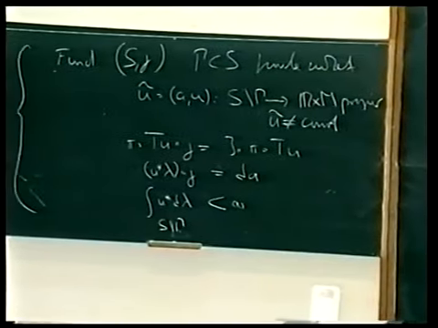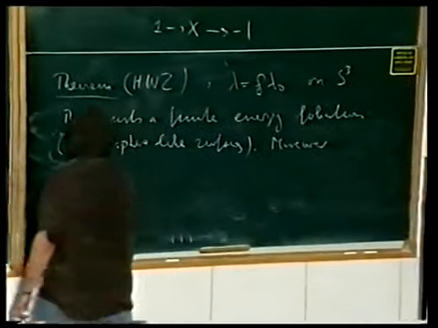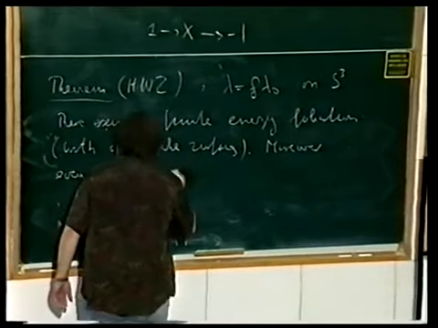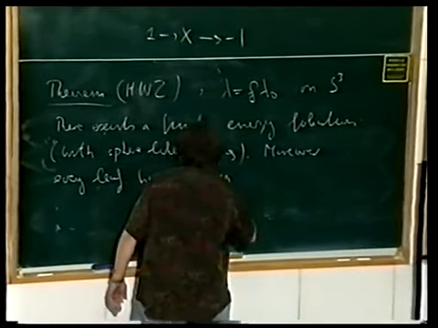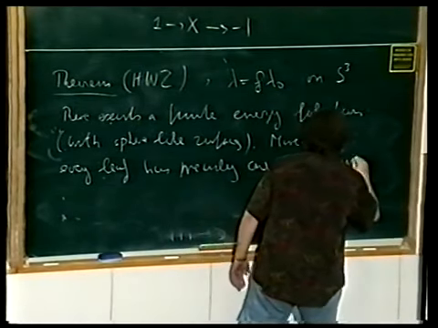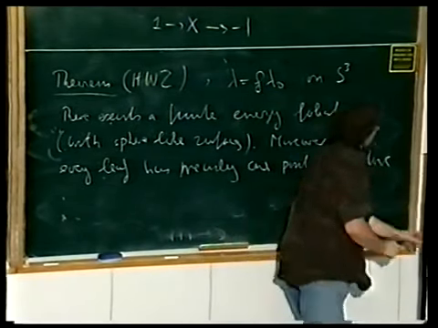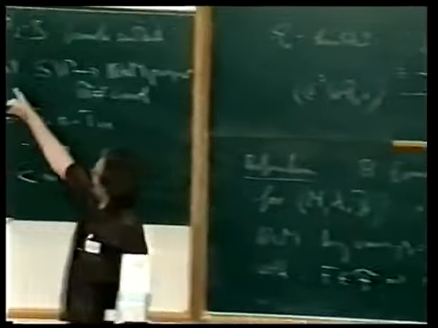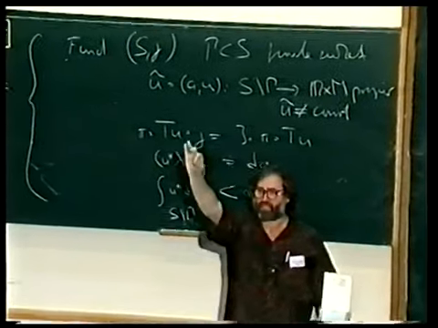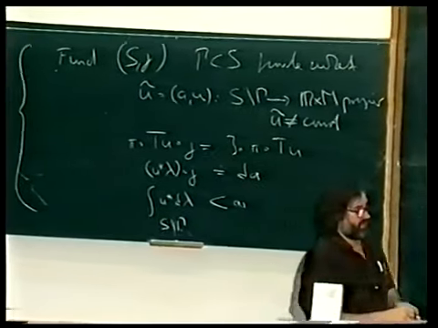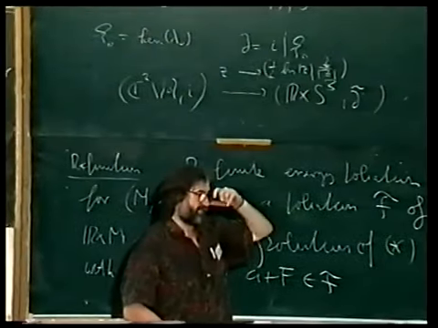Moreover, a leaf has precisely one positive puncture. Here, of course, by the properness assumption, if I'm going to a puncture, then the R component either goes to plus infinity or minus infinity. So I can distinguish positive and negative punctures.